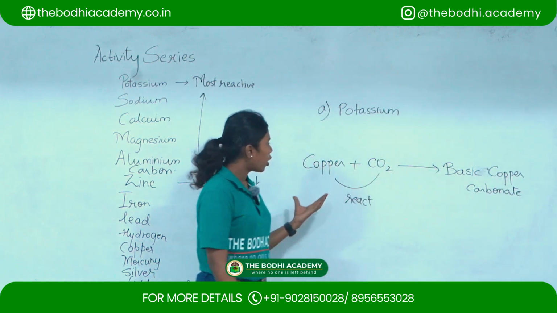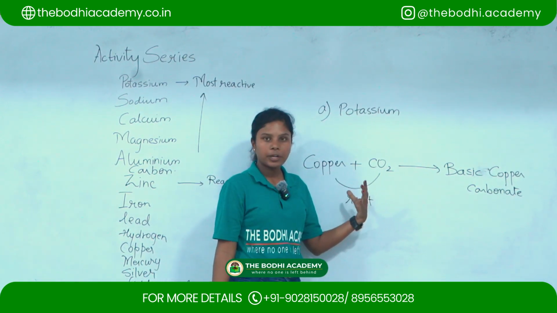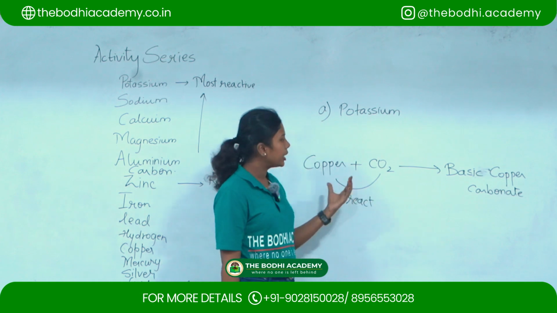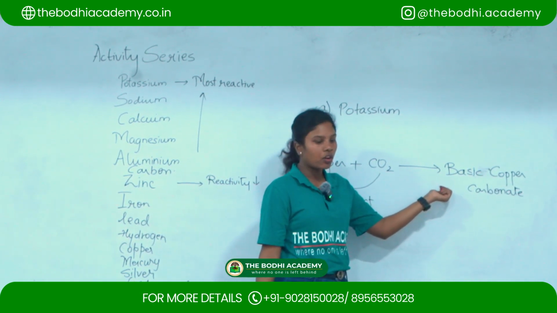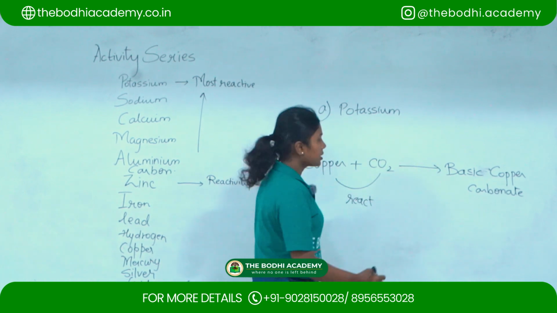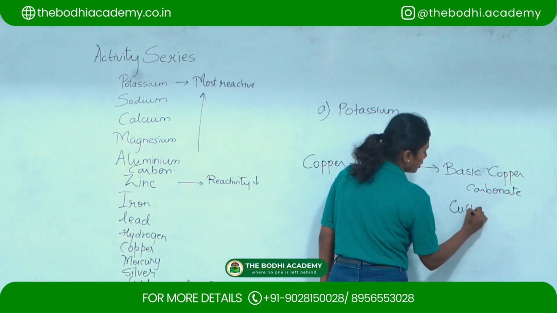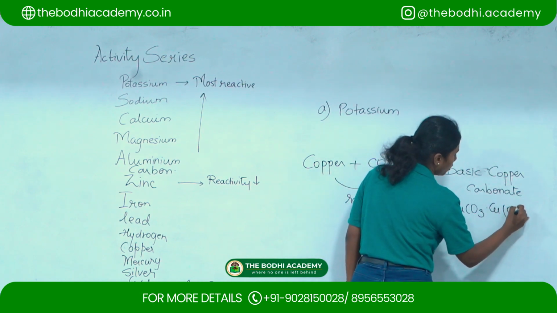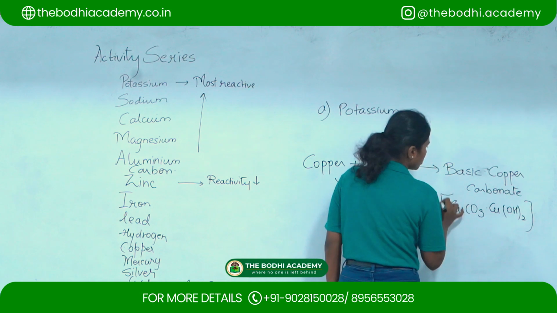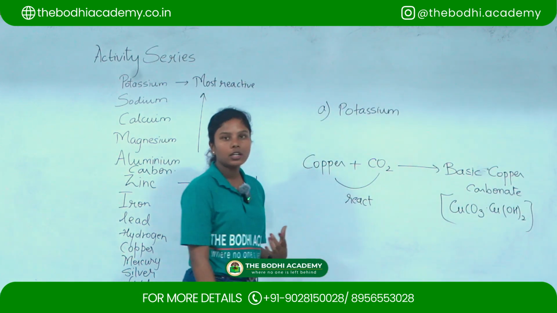So when copper reacts with carbon dioxide for a longer period of time, it loses its shiny surface and attains a green coat of basic copper carbonate, given as CuCO3.Cu(OH)2.